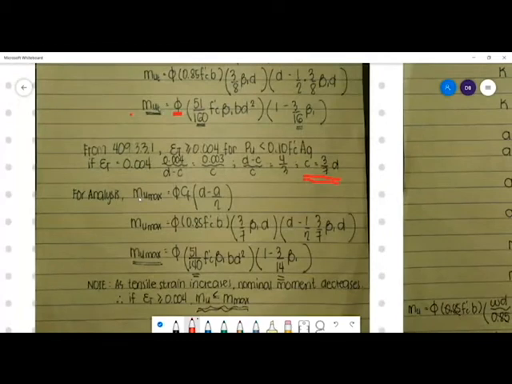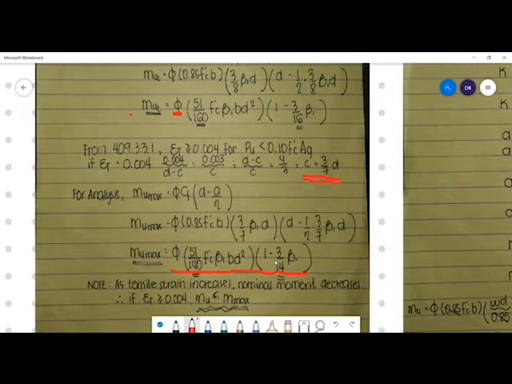For analysis purposes, M_u max is equal to φ C_f times (d − a/2). Using the same method that we did earlier, we are able to derive this formula: 51/140 f'c β1 b d squared times (1 − 3/14 β1). This is your M_u max, that is within ideal.